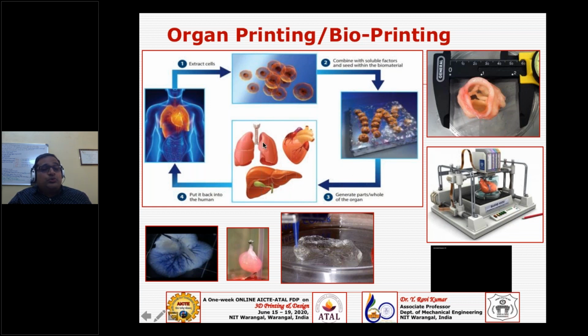Then you put it back to where you picked your cell from, whichever organ. It can be a lung, a heart, a liver, a heart valve, a bladder or a kidney, whatever it is. That is the order of the day. Now the technology is growing in this direction. It is purely organ printing or bioprinting.